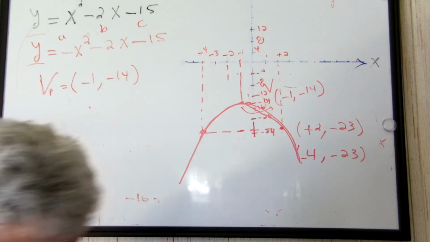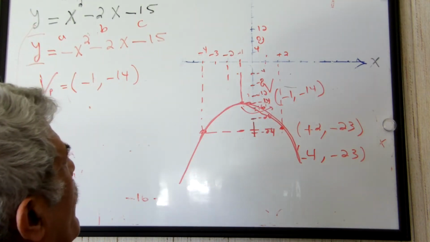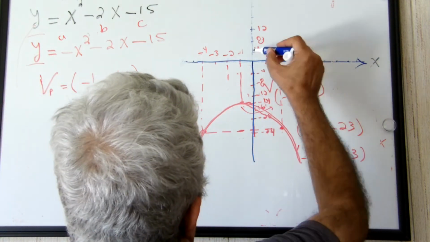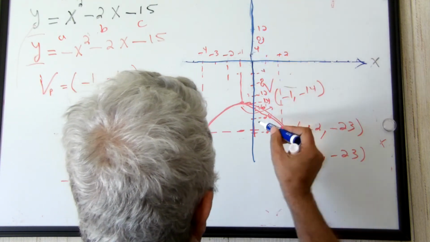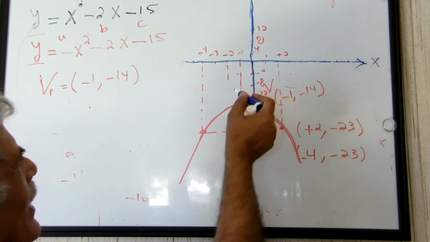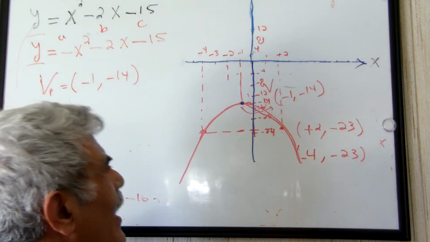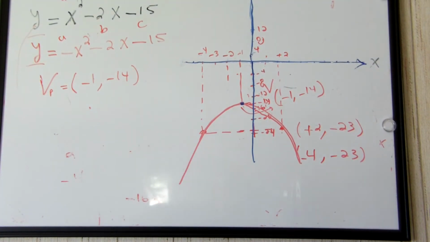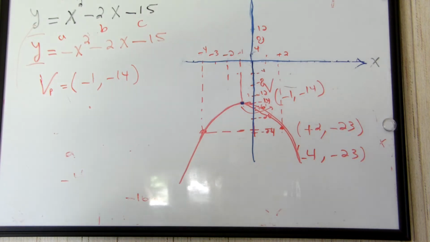This is the x-axis, y-axis. This point here is in the third quadrant. The graph doesn't intersect the x-axis, so there is no answer.